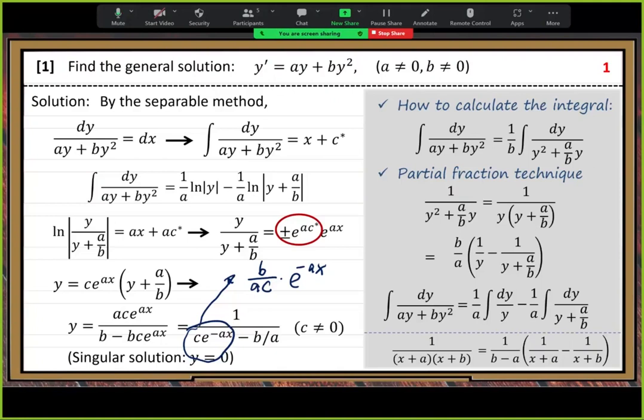Before the break, we saw the singular solution, not obtainable from the general solution, right? Look at this general solution. Can you obtain y equals 0 from this general solution expression? You cannot, because this expression can never be 0. How can you make 1 over some number be 0? You cannot. 1 over any number, you cannot get a 0.